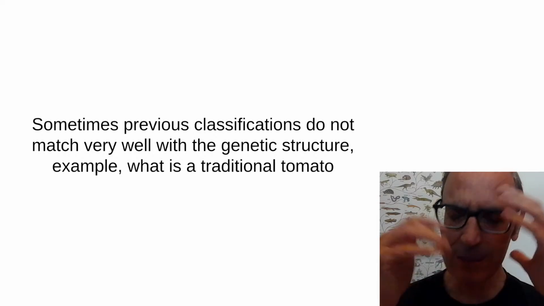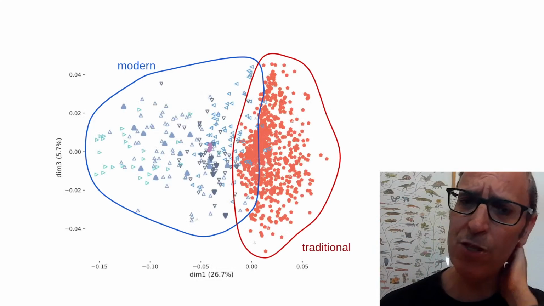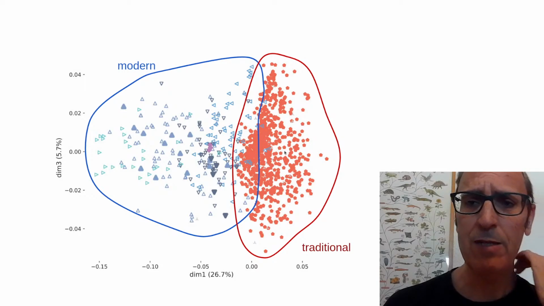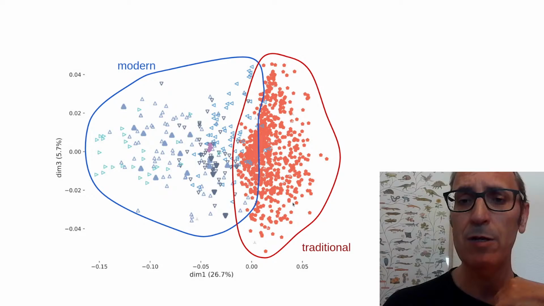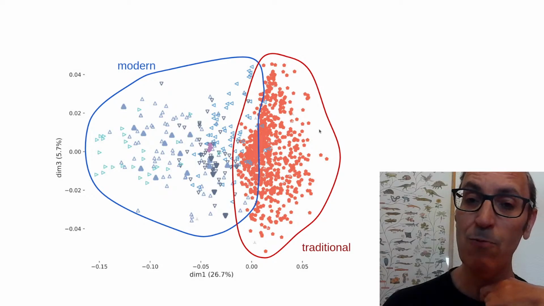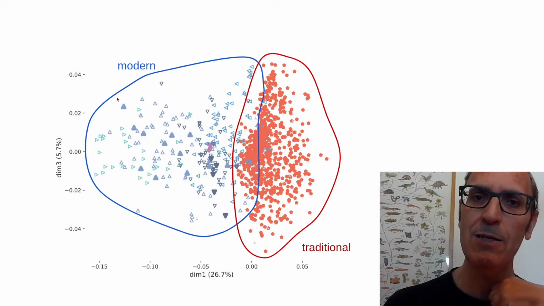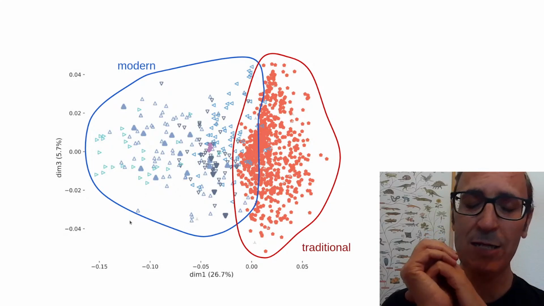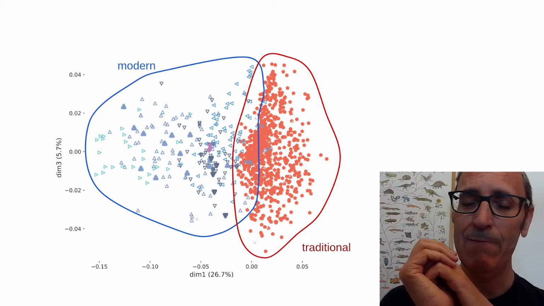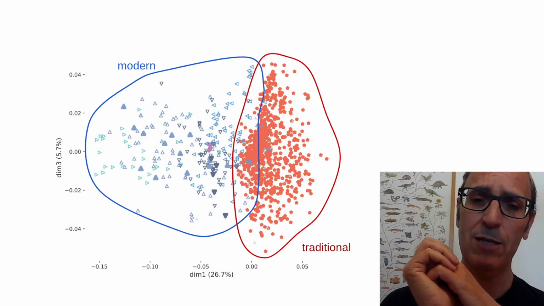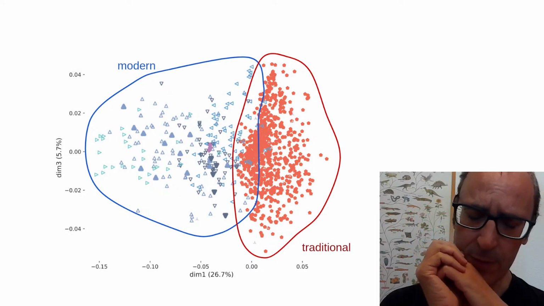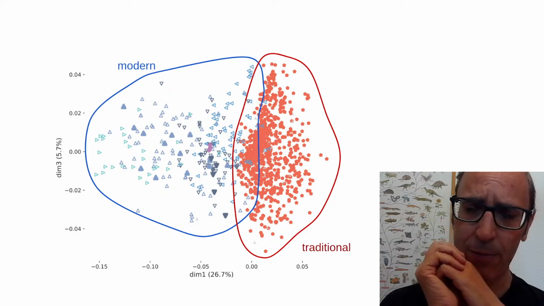For instance, we have analyzed the traditional tomato, and we show in the paper a PCA in which you see the traditional accessions, the ones that we define as traditional, and the accessions that we define as modern. But this does not match the definition that was given to us in the passport data. It's in the data regarding the samples.